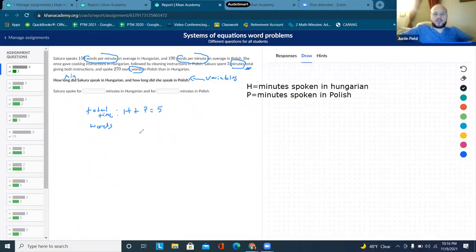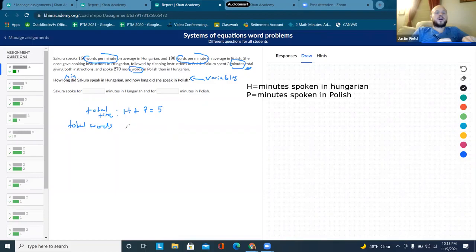All right, let me just pause this real quick. Well, I'm not gonna lie, I just looked at the solution real quick. That was a toughie. It's not the easiest one, but we do have total words, okay? And so 270 more words in Polish than in Hungarian.